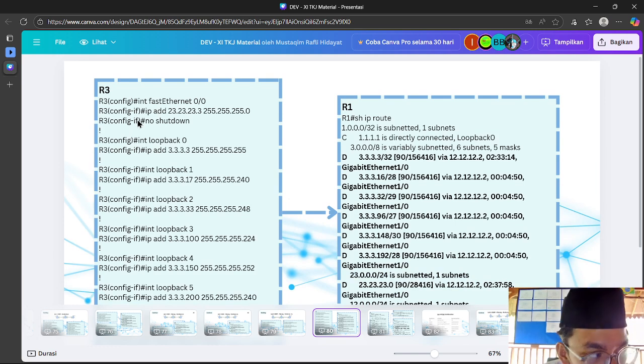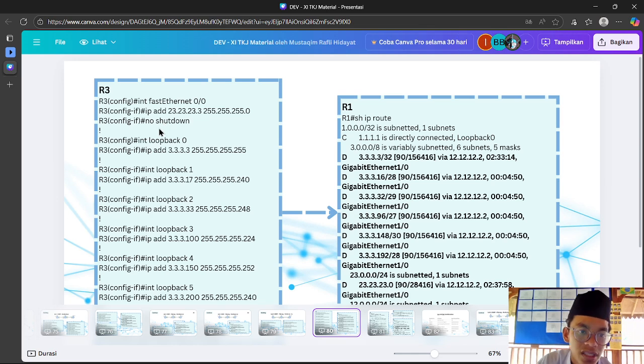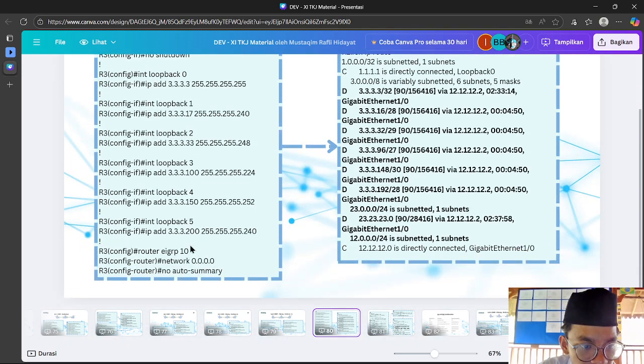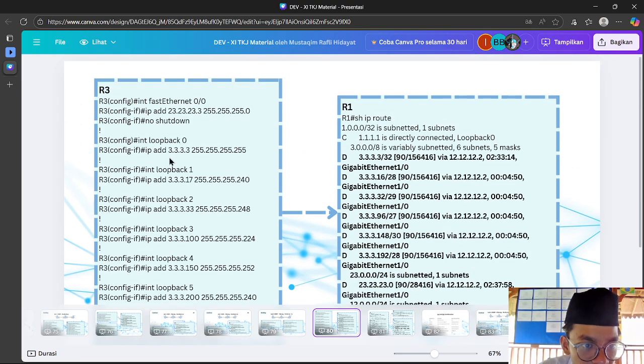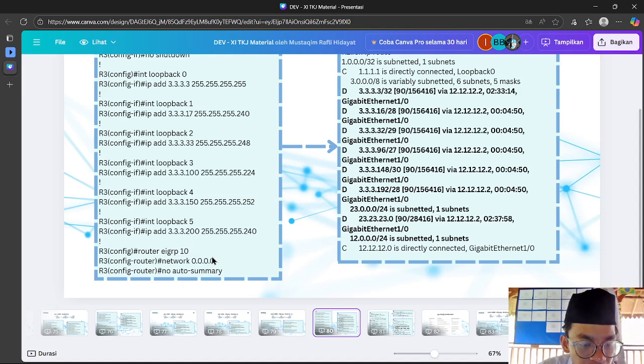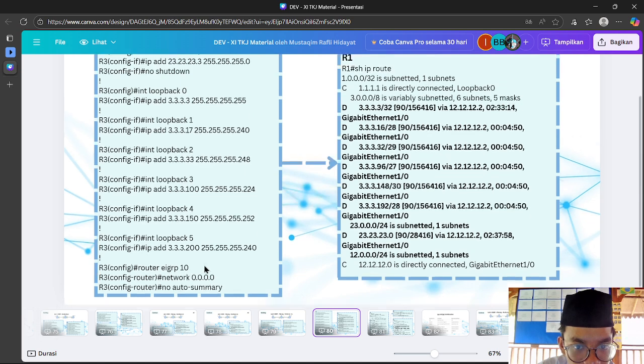Then in prefix list we make many interface loopbacks or networks in router 3. We write interface 0/0 and then after that the IP address and no shutdown. Then we make many loopbacks, or router IDs, in router 3. You can see here, and then in router EIGRP we combine all of the loopbacks here to be network 0.0.0.0 in router EIGRP 10.